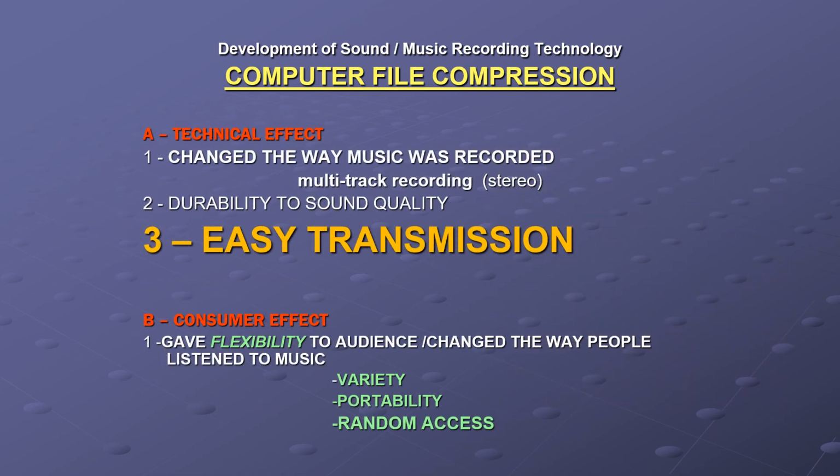What are the effects of the computer file compression format? First, the technical effect is that it's much easier to transmit these files. They go much more quickly. In the early days of music file transmission, when Napster was king of the internet, it could take hours just to download one 40 megabyte file.